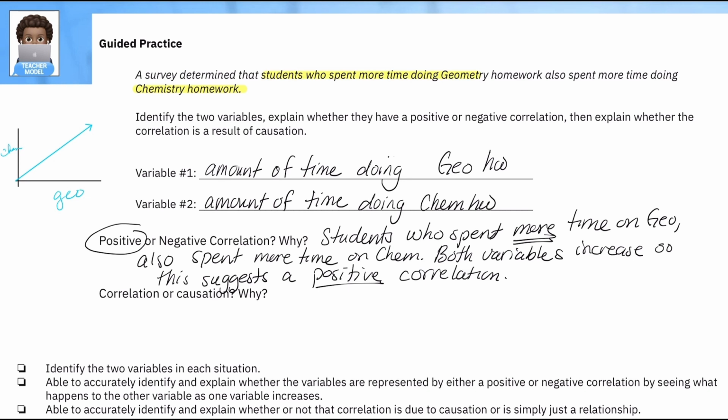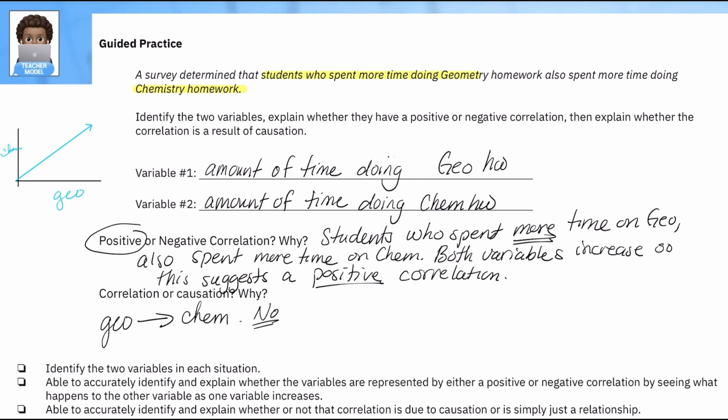All right, so is this a correlation or a causation? Does doing more geometry homework cause someone to do more chem homework? So that's what we're trying to figure out. So think about this. Does this make this happen?